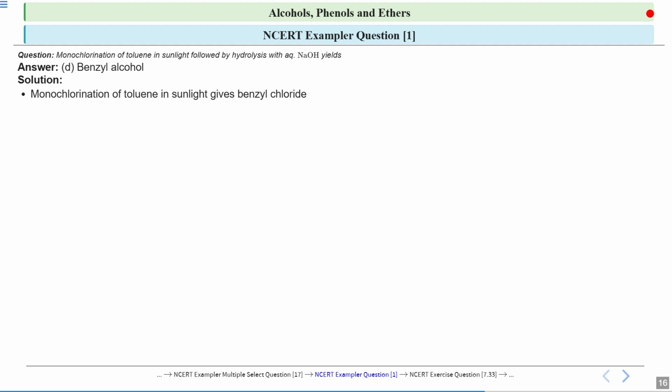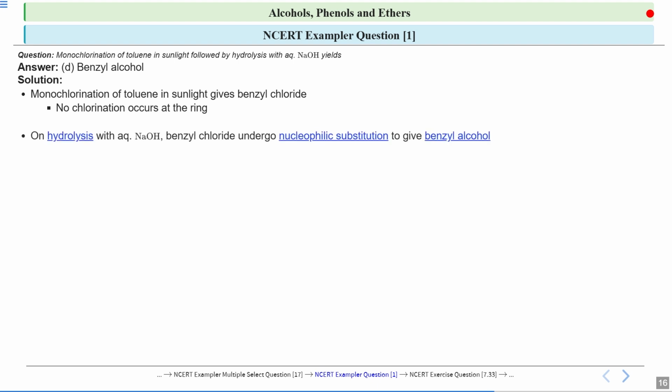Okay, that means your chlorination is not occurring at the ring. This is an important point to note, that the chlorination is not there at the ring. And this process follows a free radical pathway. So first, toluene, when it reacts in sunlight, that is the monochlorination of toluene in sunlight, will give you benzyl chloride.